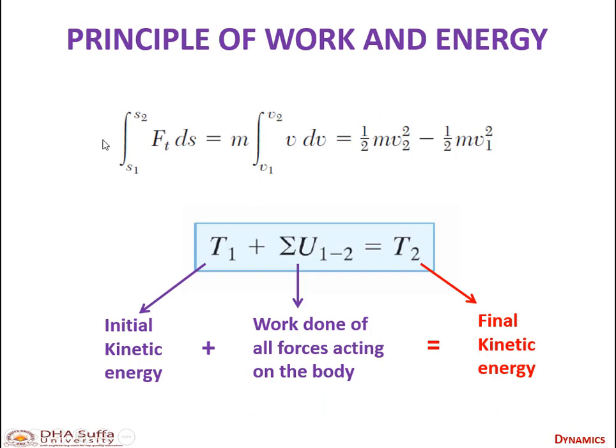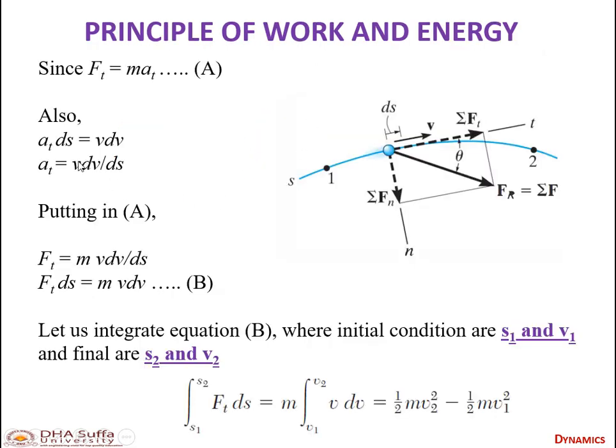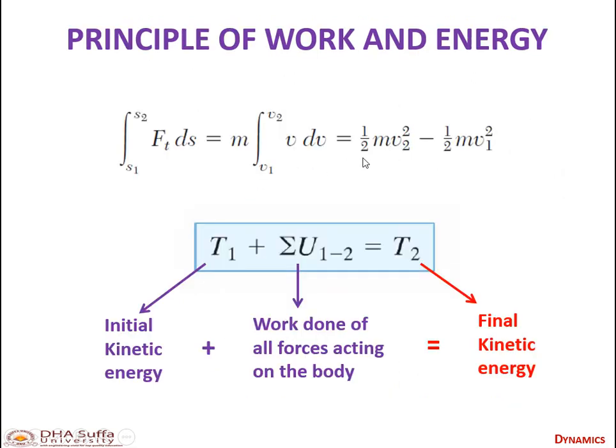This is the total work done on the particle by the force acting in the tangential direction and the displacement along the s direction. The right hand side gives you half m v2 square minus half m v1 square.